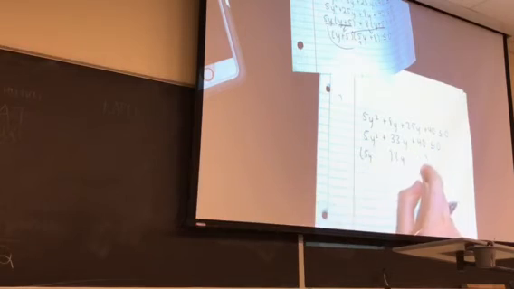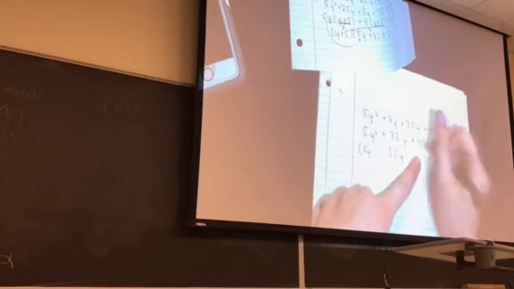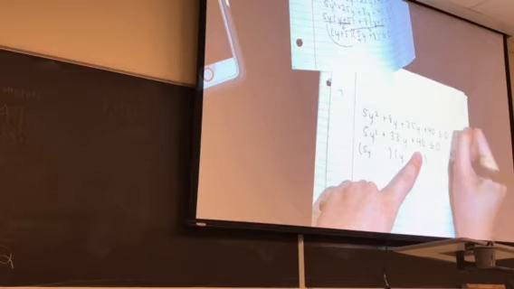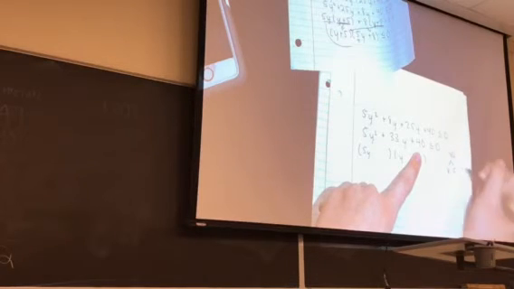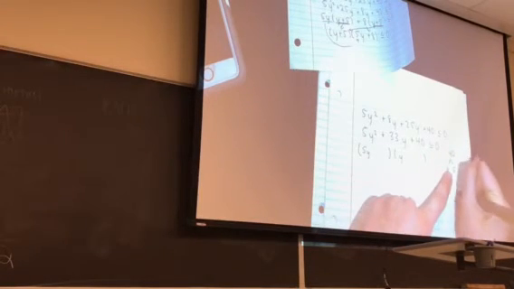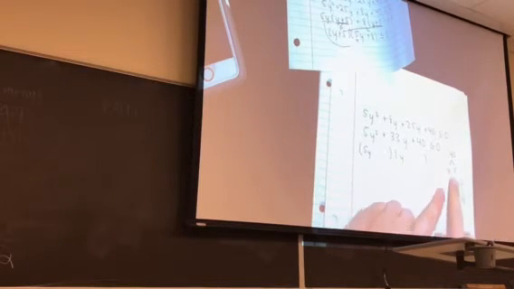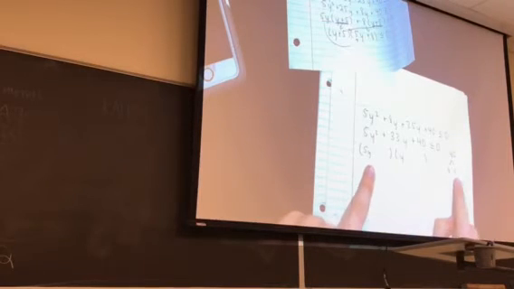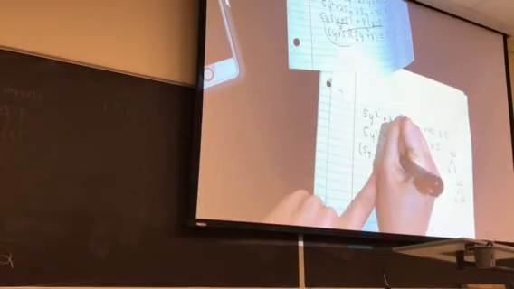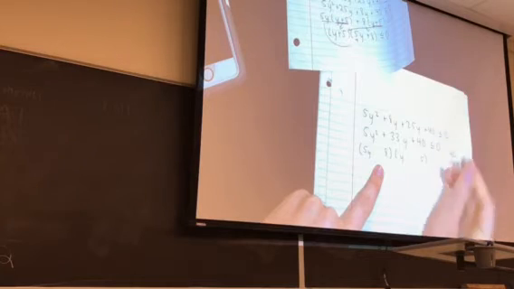The factors of 40 are 8 and 5, or 2 and 20. But in this case, it's going to be the 8 and 5 that work. So we're going to try 8 here and 5 here.